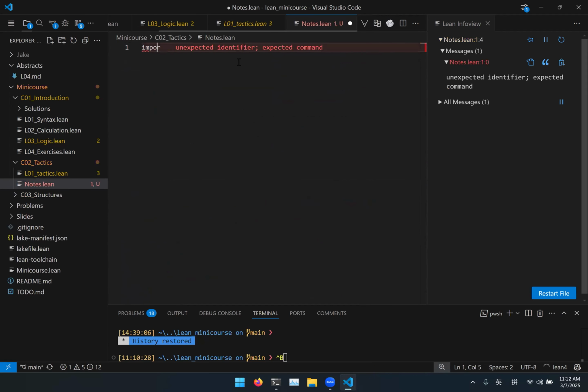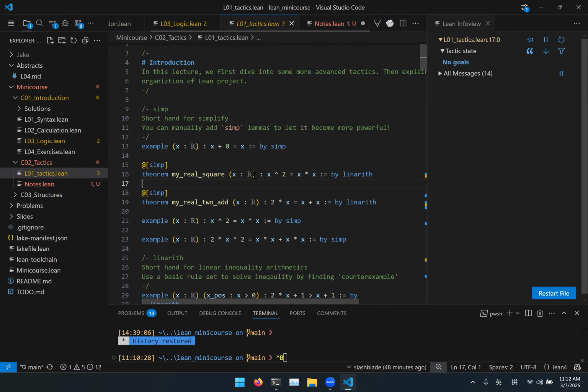First, we import Mathlib. There are several convenient tactics to quickly simplify the statement when you do the proof. The first one, of course, is simp. Simp is what we use very often in theorem proving, but simp sometimes is not very powerful.